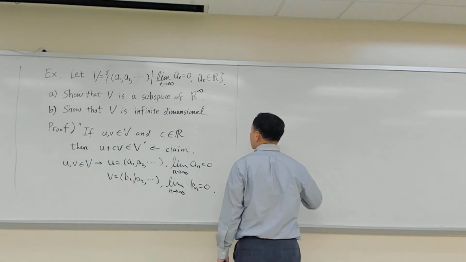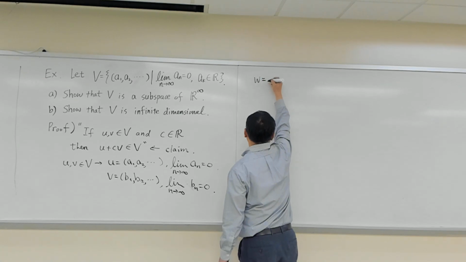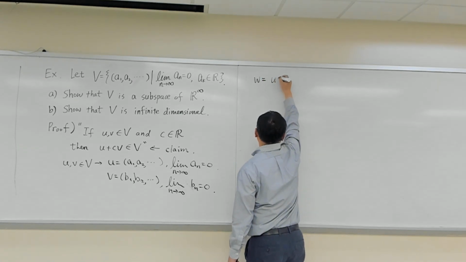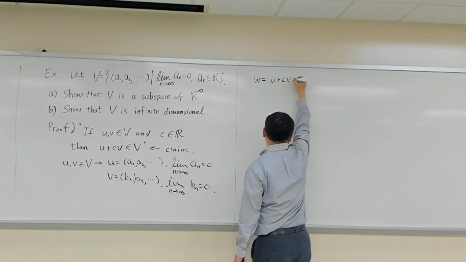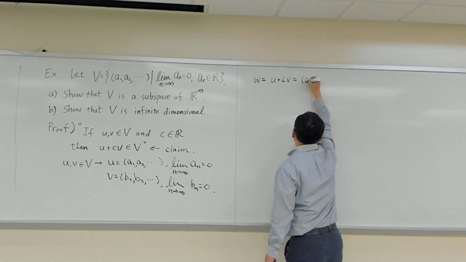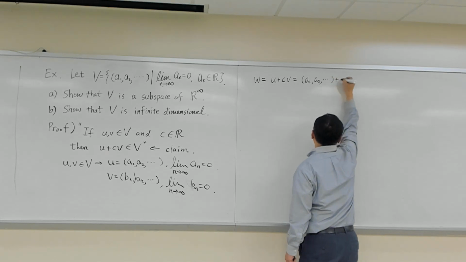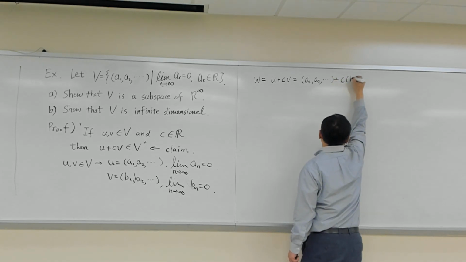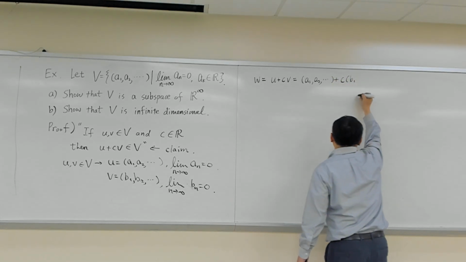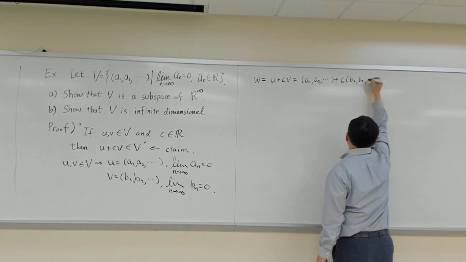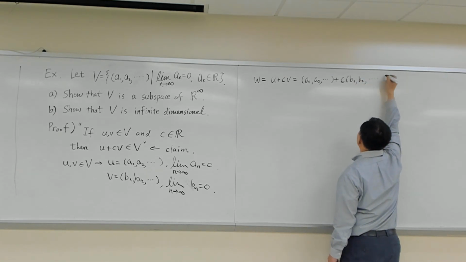And now let's say W equals U plus C times V. What does that mean? That means you have A1, A2, and so on, plus C times B1, B2, and so on, right?